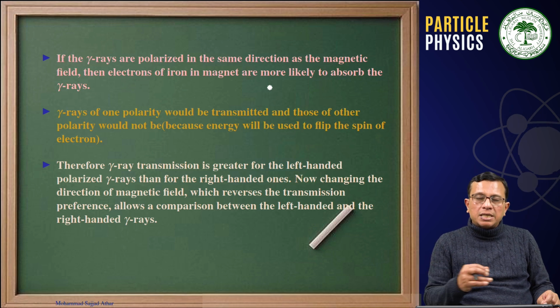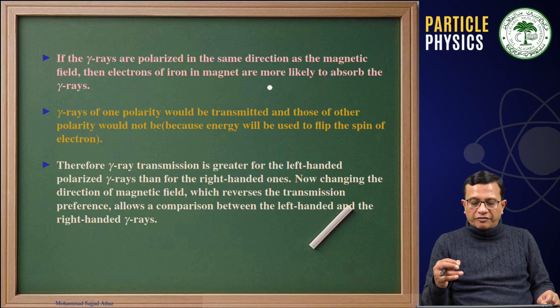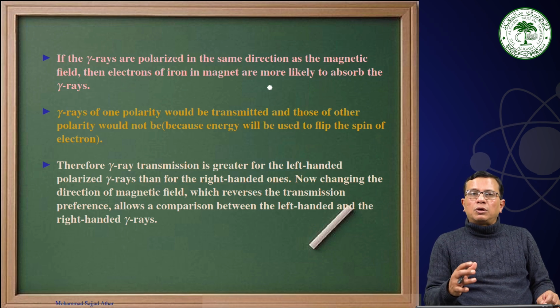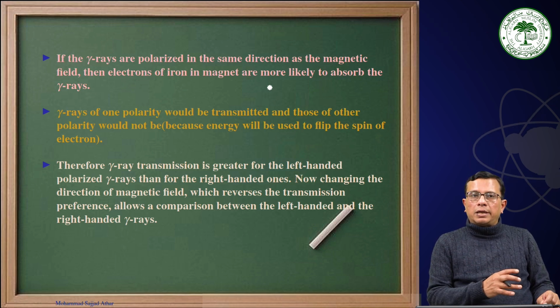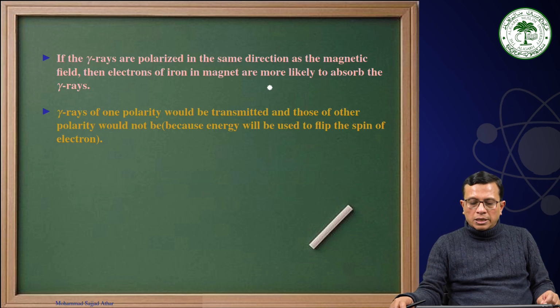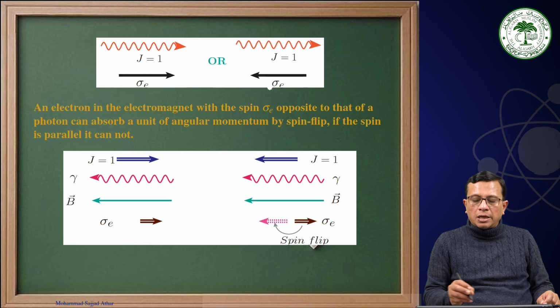Now, when you change the direction of the magnetic field, the spin direction will change. What will be expected is that the photons which were not being seen should now be seen, because now they will have a direction.